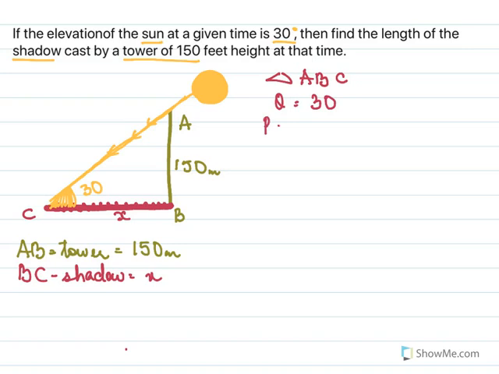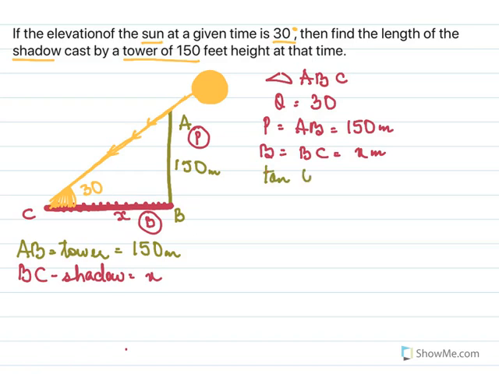Theta is 30. Here we have the perpendicular, and this is the base. Perpendicular AB is 150 meters. The base is BC, X meters. So we are going to do tan theta, perpendicular over base. So tan of 30: perpendicular AB, base BC.